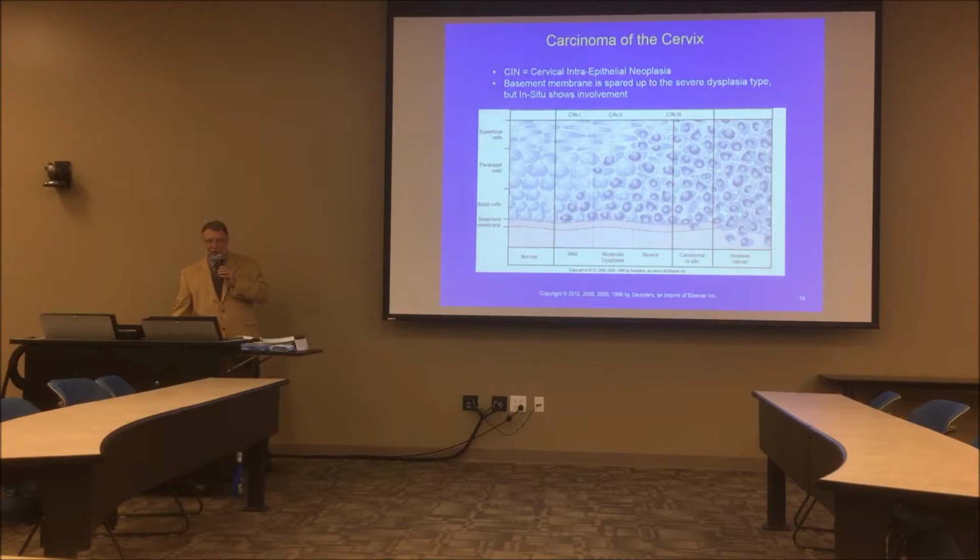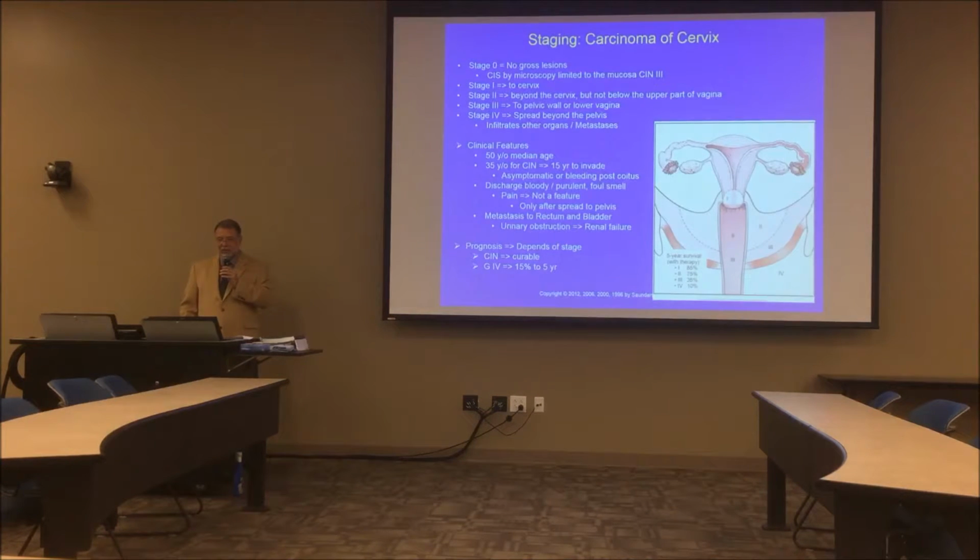This is an image for you to follow, where from a normal tissue to changes that might be from the cervical intraepithelial neoplasia 1, 2, 3. You see that the basement membrane, once it's invaded, then it changes its name to become a carcinoma in situ. One that invades beyond the basement membrane is an invasive, or stage already thinking about having metastases.